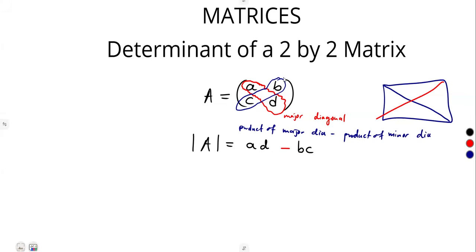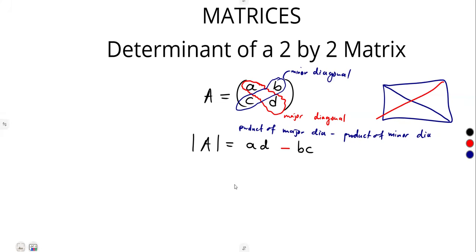So that is the concept. When we are given this, we can determine the determinant of any 2 by 2 matrix.